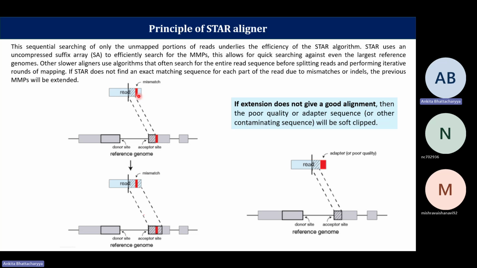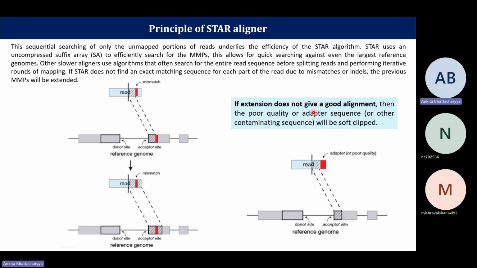So in case it is able to incorporate this mismatch, then STAR Aligner will be able to proceed ahead. But if it does not find the exact matching sequence due to these mismatches, then the previous MMP gets extended, and that entire region will be considered to be part of a gene which will be used for further analysis.